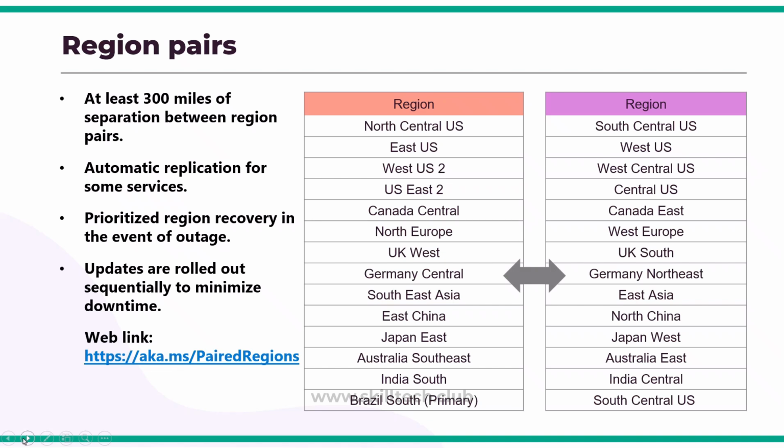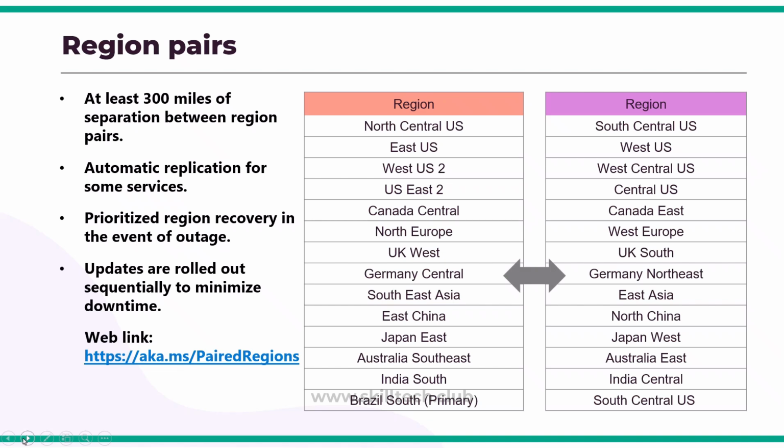If one of the regions is affected by a natural disaster or some other disaster, we do not want to lose our data. We want to make sure that at least one copy of our data is available. To maintain this high availability, they do automatic replication of some data services into the paired region. Because every region is paired with another region at least 300 miles away, there are fewer chances that both regions get impacted by the same disaster.